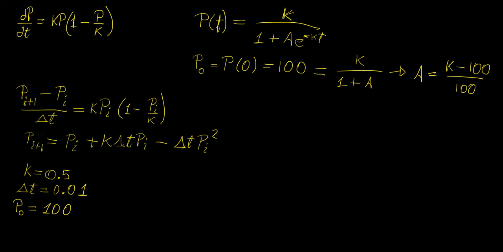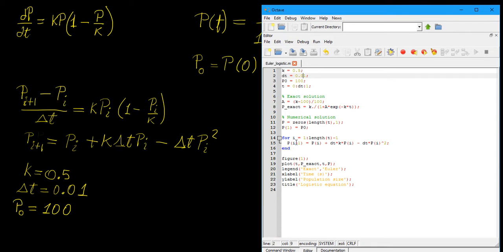Now we're going to open up Octave, and I have already written a script for this, but I'll run you through the whole thing so you can see what we did here. Essentially we start off with our k value 0.5, delta t, which I just called dt here, 0.01. We have our initial population p0, that's 100.